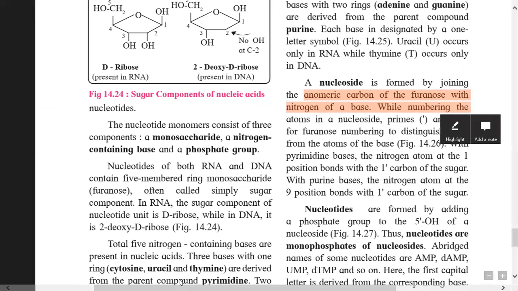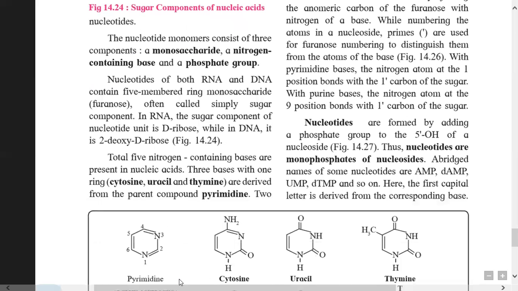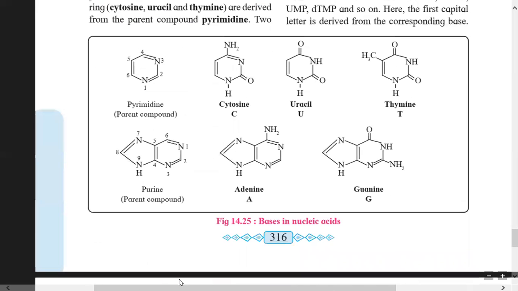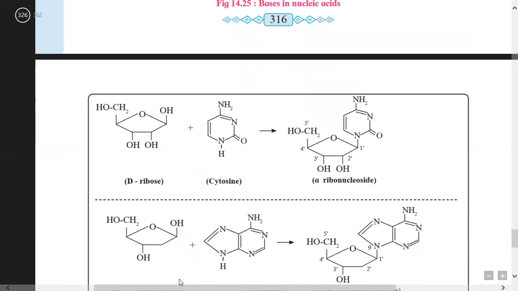Anomeric carbon means the carbon which is carbon number 1 present in the ribose. While numbering the atoms in the nucleoside, the primes are used for furanose numbering to distinguish from the atoms of the bases. This is given in figure 14.26.